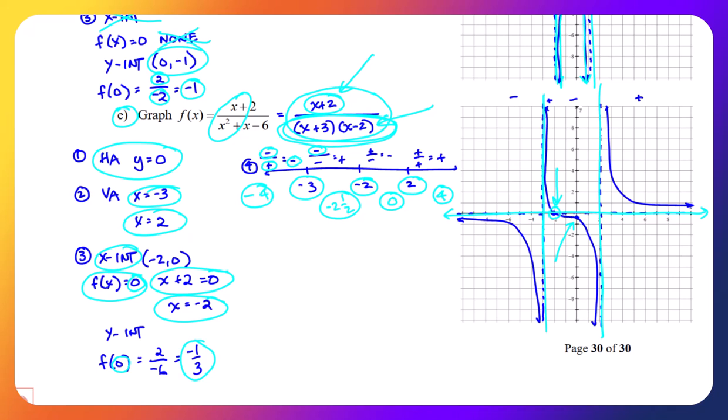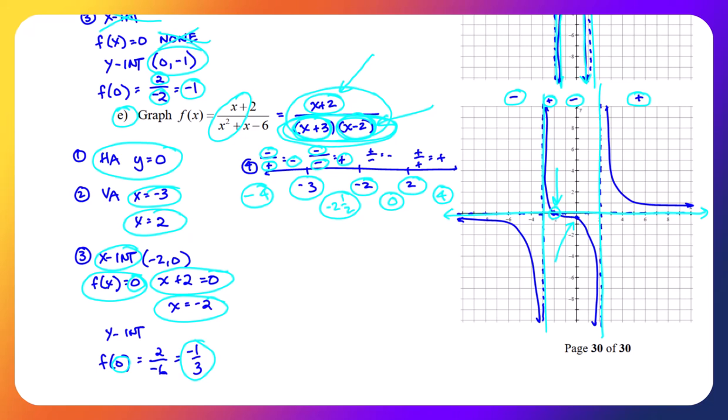And in the bottom, negative 2.5 will make this positive, make this negative. A positive times a negative is a negative, and that's positive. Go ahead and do the other two on your own for practice and show that these are the actual signs for the regions. Please note, we don't worry about the y-intercept.